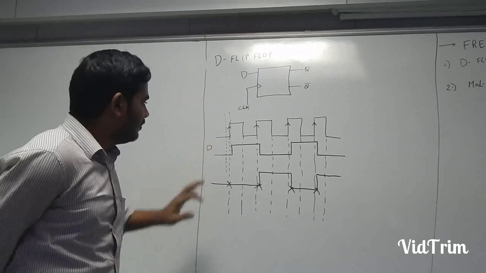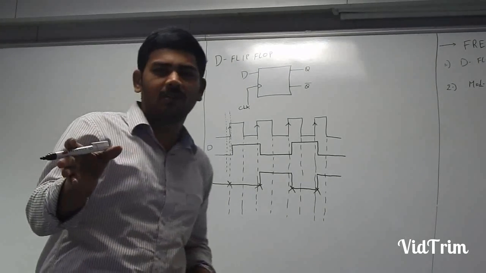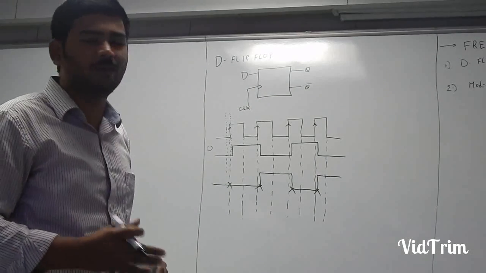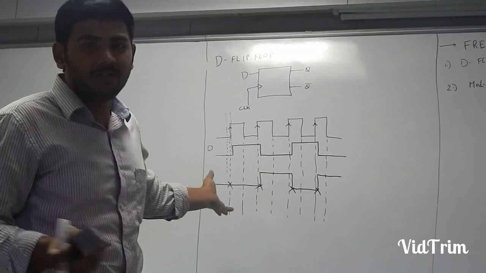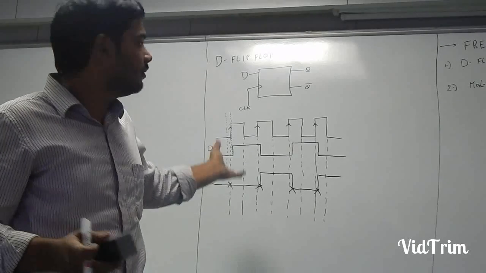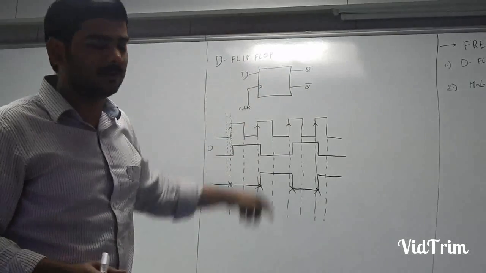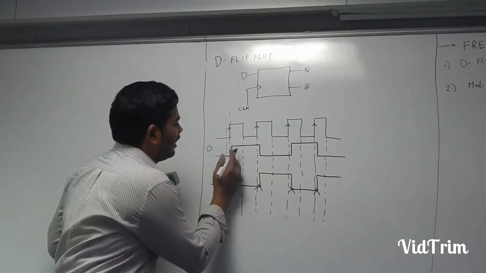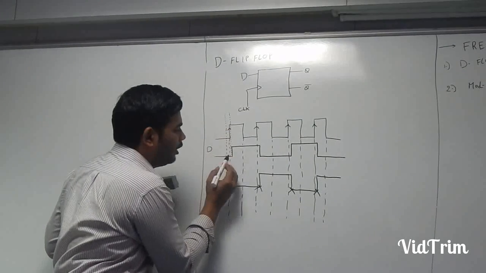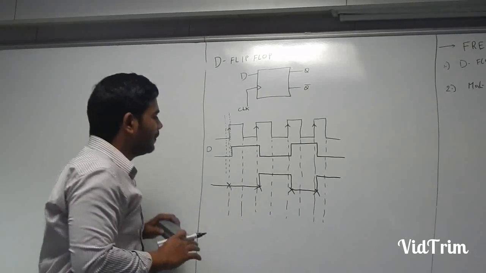This is my data, and as you know there is a setup window and hold window where my data should not change. If it changes, it's not valid data, and the flop will never respond to invalid data. So in the setup and hold window I didn't change the data; I changed it only after this.